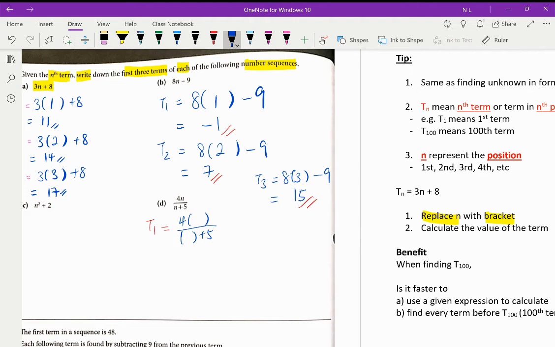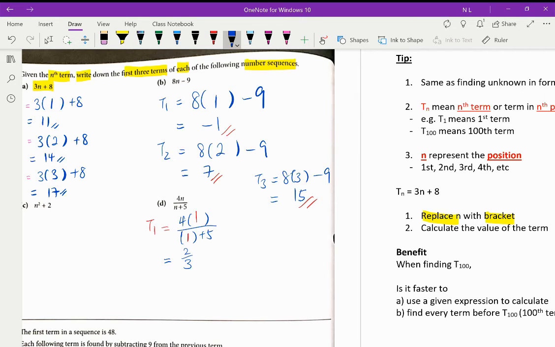Since I'm looking at the first term, same thing as well. I put n as 1. Now I just key into my calculator and I will get 4 over 6. But 4 over 6, is it in the simplest fraction? No. I can further reduce it to 2/3.